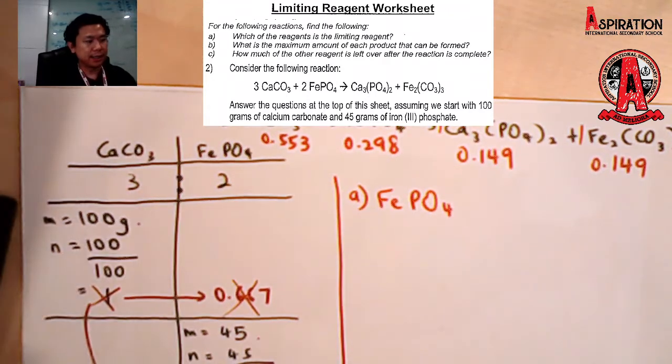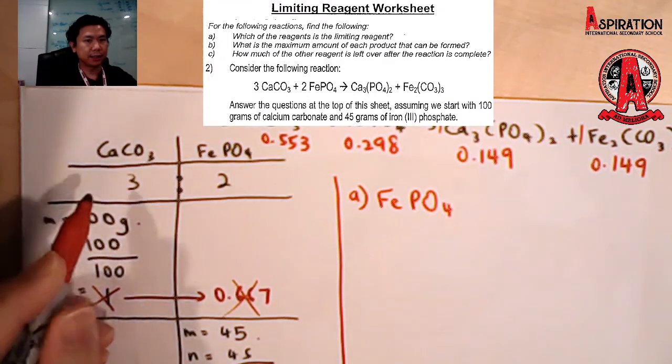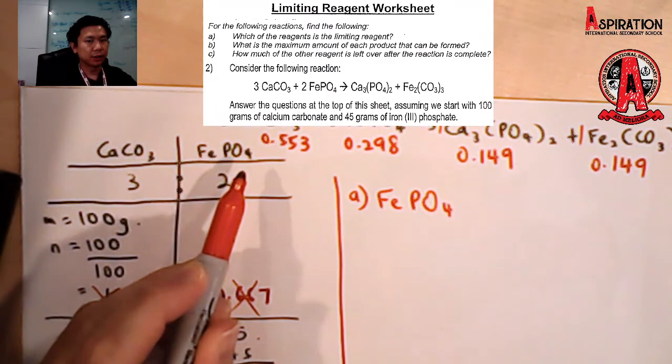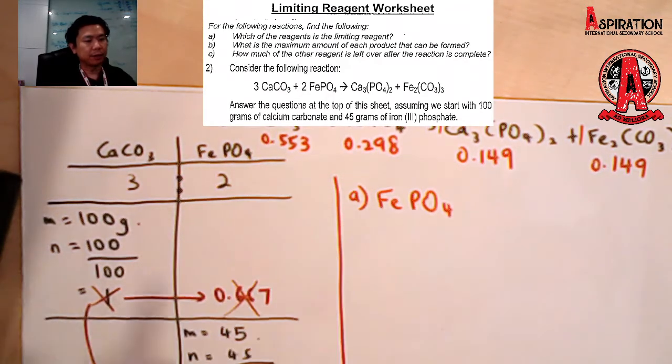Because when one is the excess reactant, in this case the calcium carbonate, automatically the limiting reagent will be the iron phosphate. Now I hope this is clear. Is anyone still not clear about this? Because if we are saying that calcium carbonate is in excess, that means iron phosphate has already completely reacted, and that is what they mean by limiting reagent.